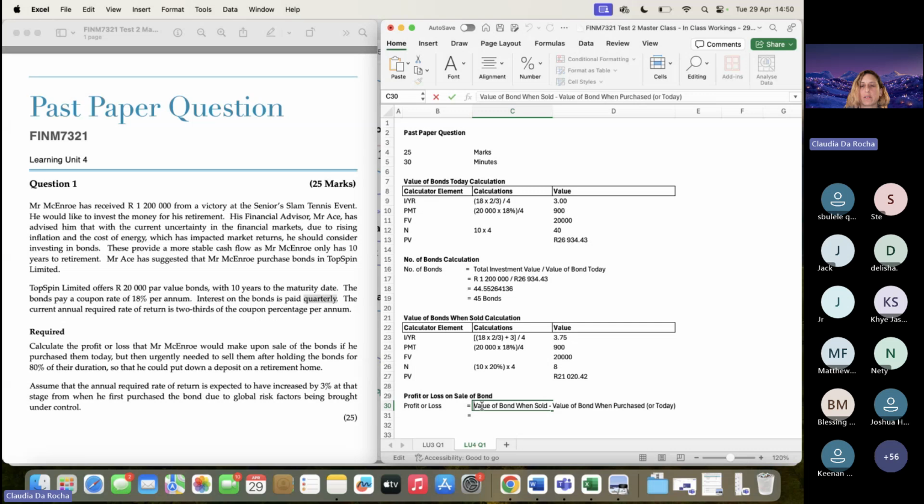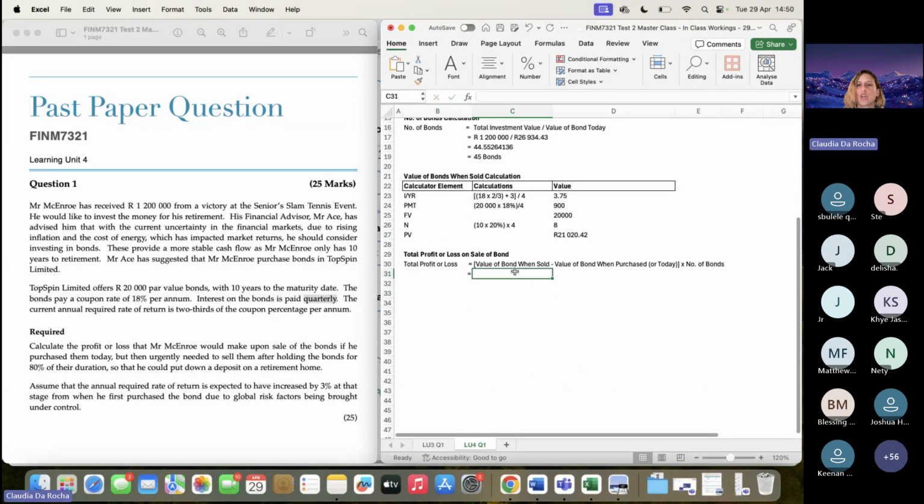And we've also got to multiply it by, sorry, I forgot to say, the number of bonds that were purchased, because we want the total profit and loss. I don't want profit and loss on one bond. I want the total.